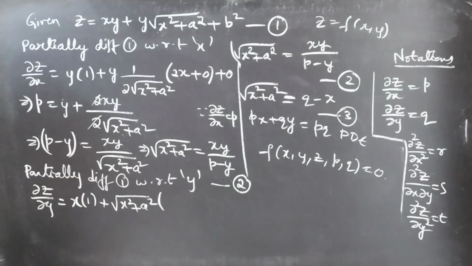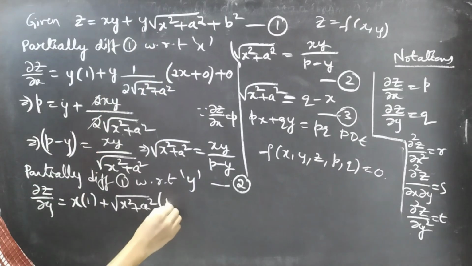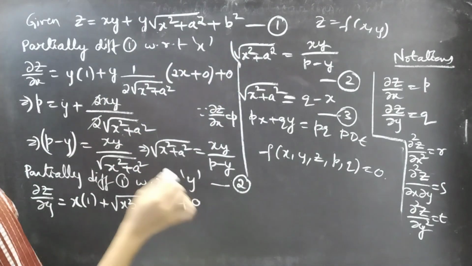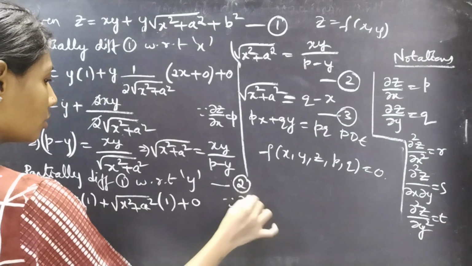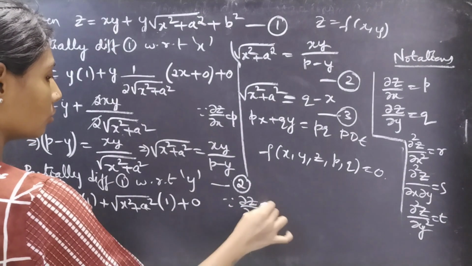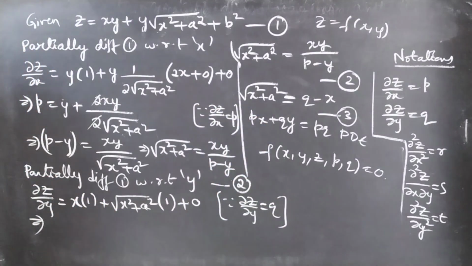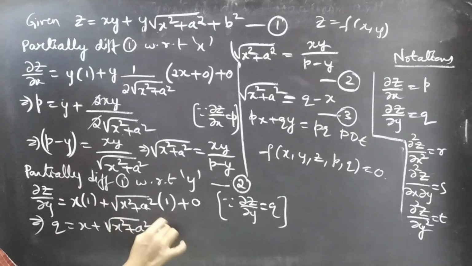square root of x square plus a square into partial derivative of y with respect to y is 1 plus partial derivative of constant with respect to y is 0. Since we have a notation dou z by dou y equals q, let's apply it. We'll get q equals x plus square root of x square plus a square.